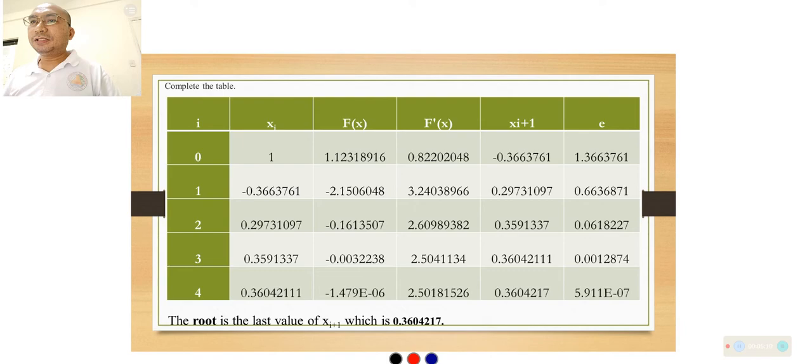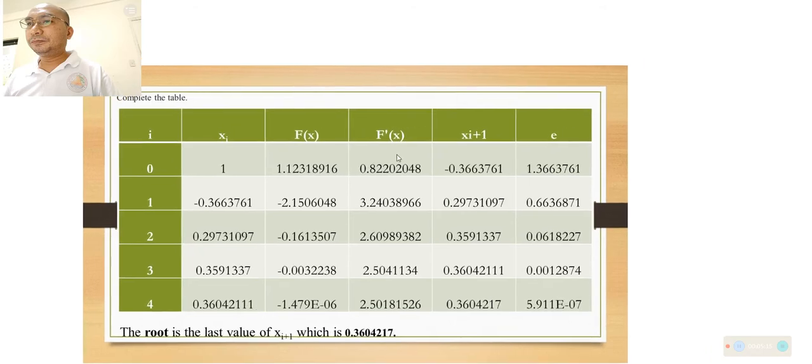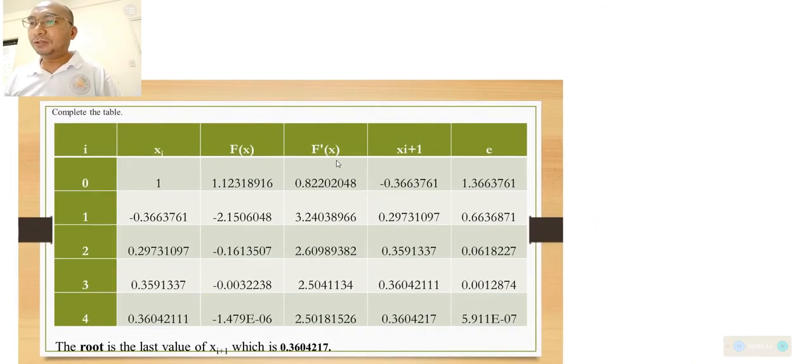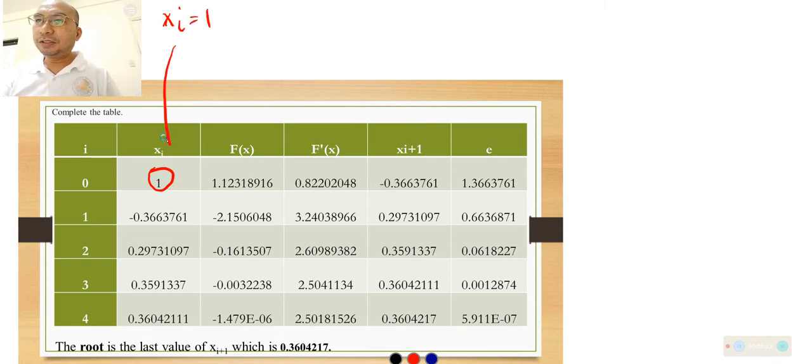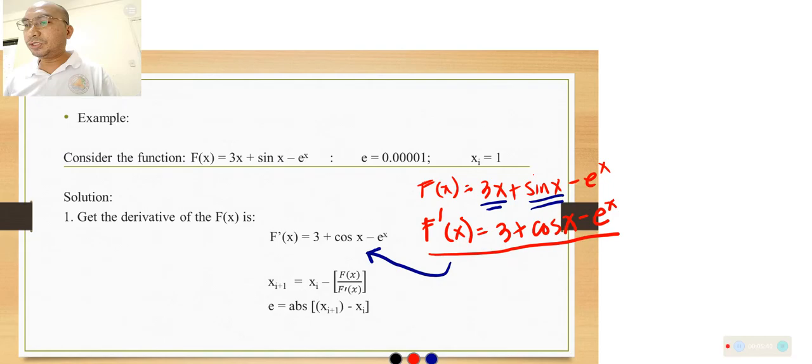So let's complete the table. From the given, we are given 1 as our xi, so that's why our xi there is 1. This is the original equation, 3x plus sine x minus e raised to x.